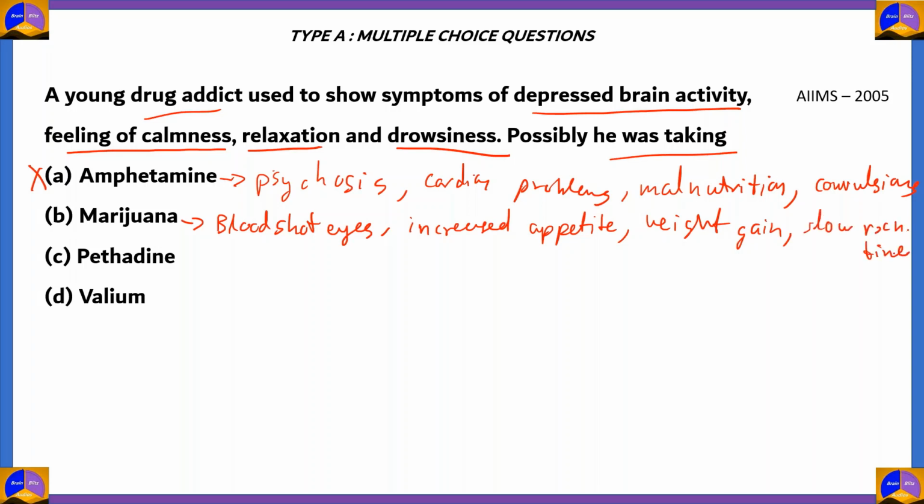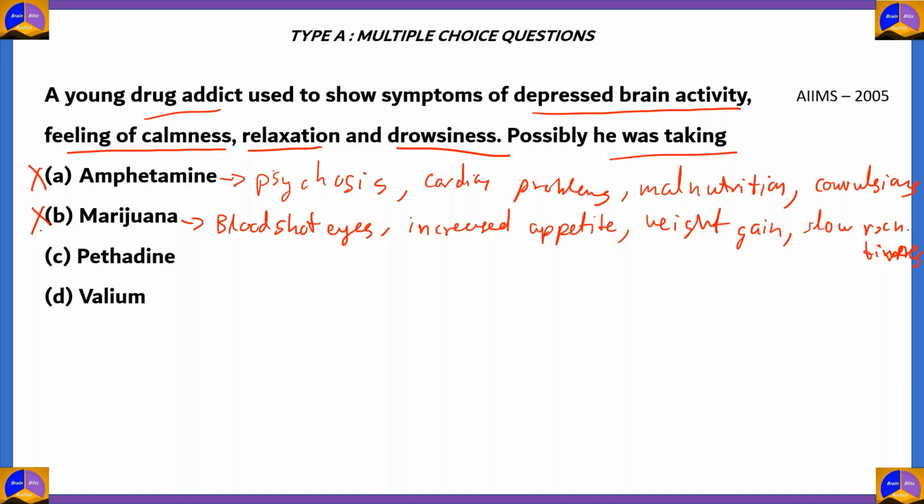So if someone throws a stone at you and you are addicted to cannabis, then you have a slower reaction time. Now, none of these symptoms are found in our young drug addict, so option B is incorrect.